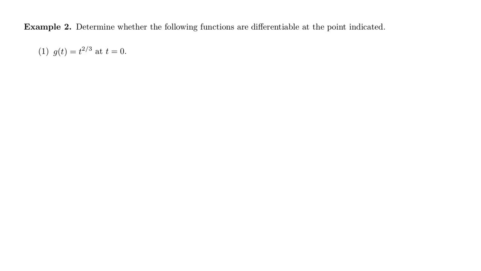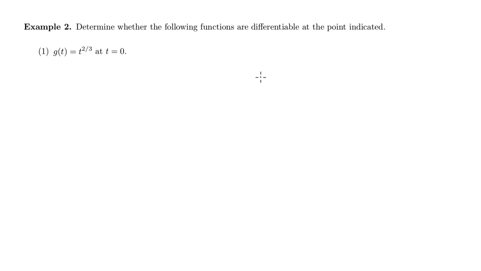Okay, so let's bring in some devil's advocates to kind of shake things up. We're talking about these derivatives, finding the slope of the tangent line. Everything's great. But what about if a function is not differentiable at the point? So here we have this function g of t, t to the 2/3. And we want to determine whether the function is differentiable at the point.